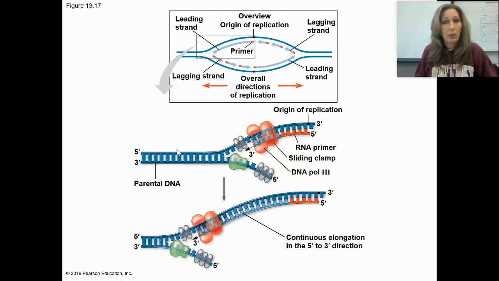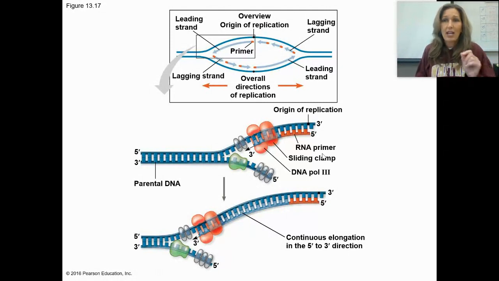So that's really important. Now, for a DNA polymerase to know where to begin, I have to have a primer laid down. A primer is actually RNA nucleotides that attach to the DNA. So there's an enzyme called primase that lays down the primer.